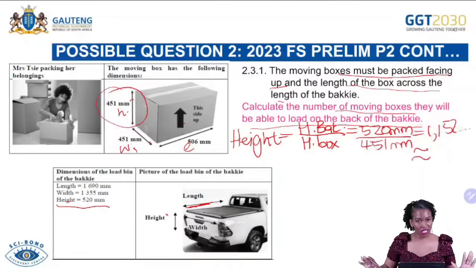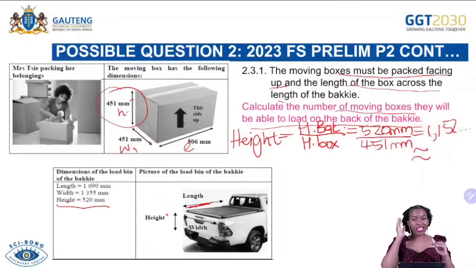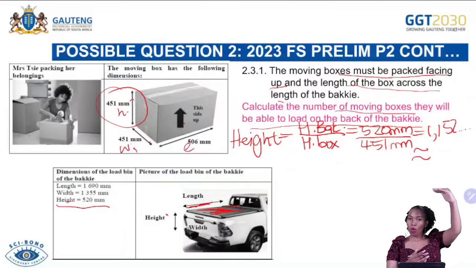Guys, we are calculating the number of boxes that can fit. So we cannot have a decimal number of boxes. And this is packaging. When it comes to packaging, if you get a decimal, you are always going to round down. Because if you round up, if you say that you will fit in 2 boxes, then it means you won't be able to close the bakkie. The bakkie won't be able to close because the second one will actually overlap.